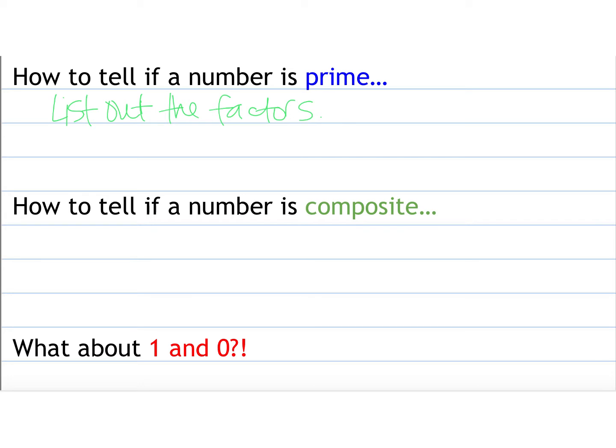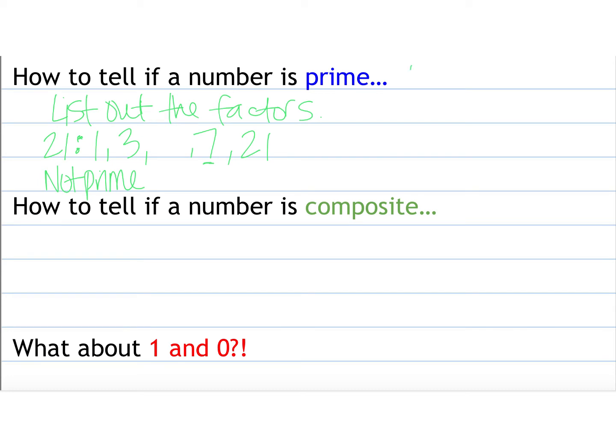So let's say we have the number 21. I always pair 1 up with the number that it's multiplied by to get to that number. So 1 and 21. I know 2 isn't a factor. 3 is a factor because it's 3 times 7. And then I think in my head, does 4, 5, or 6 go into 21? And it does not. And once I get to 7, that's already a factor, so I know that I'm done. So then we know 21 is not prime.